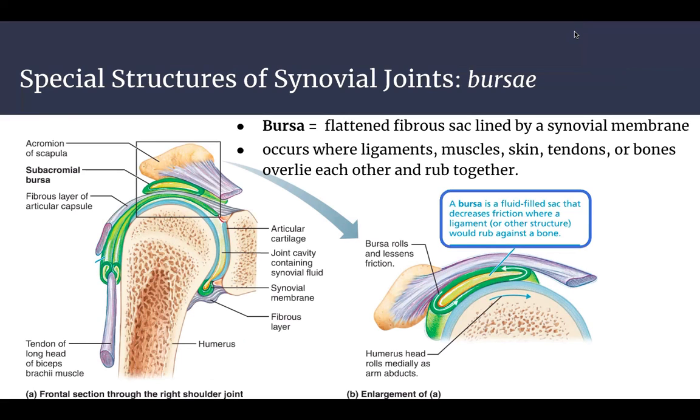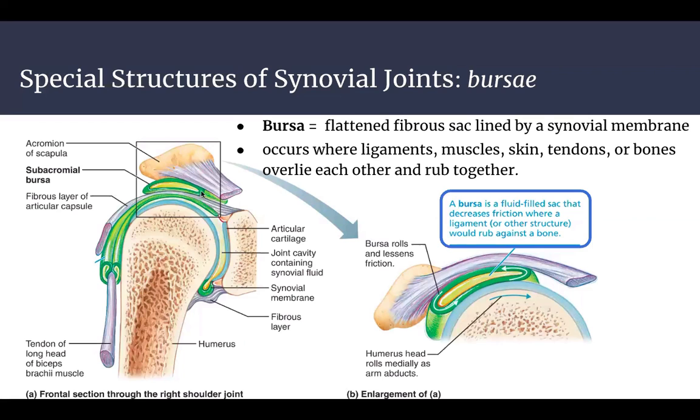So let's look at bursae first. Bursae is the plural, bursa is the singular. A bursa is a flattened fibrous sac lined by a synovial membrane. The example we see in this diagram, which I know is a very busy one, is this one here.